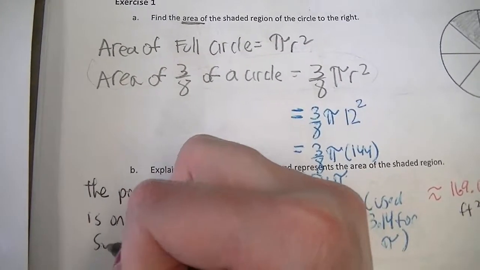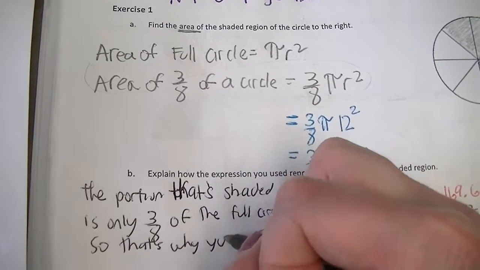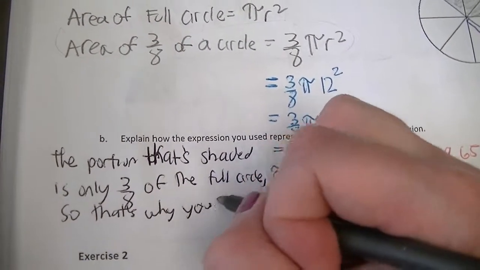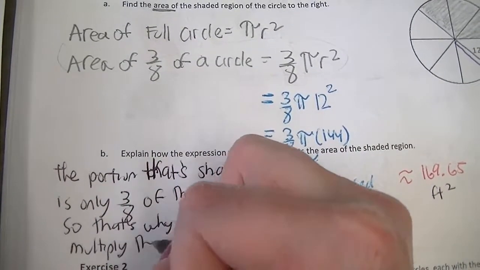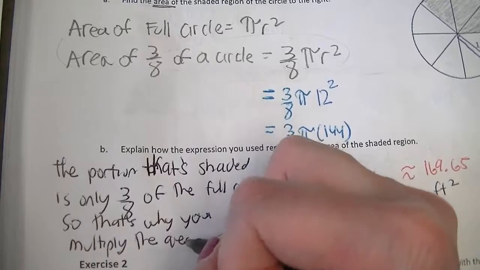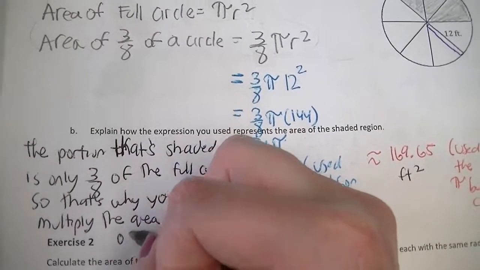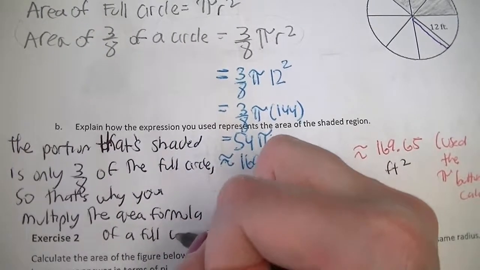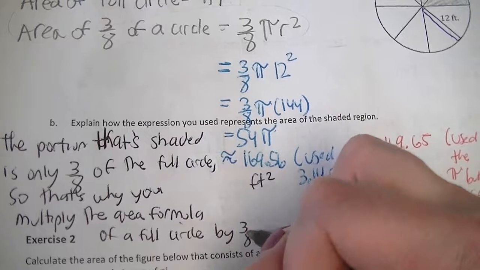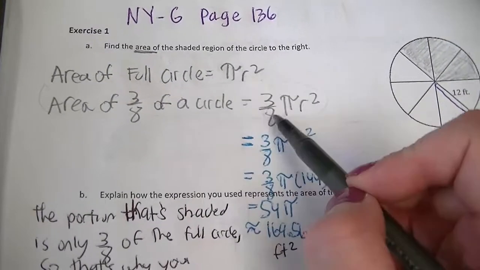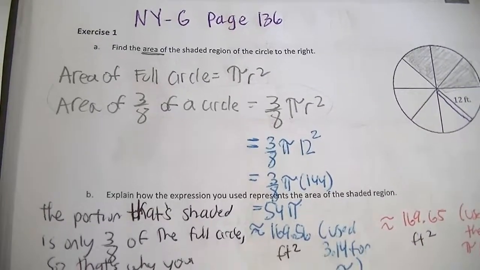So that's why you multiply the area formula of a full circle, you know, pi r squared, by 3/8. So that's why we took this and then multiplied it by 3/8, because we only wanted 3/8 of the circle.